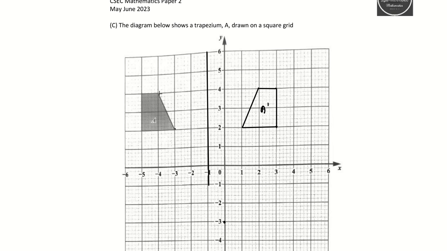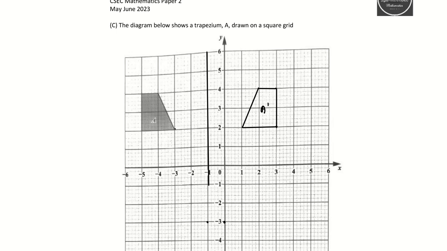Take this one, 1, 2, 3, 4, then 7 units down, 1, 2, 3, 4, 5, 6, 7. That's right here. This one, 1, 2, 3, 4. Right, so I did the 2 first. Let's do this one.